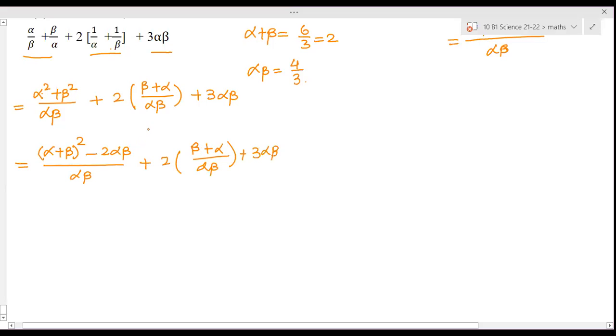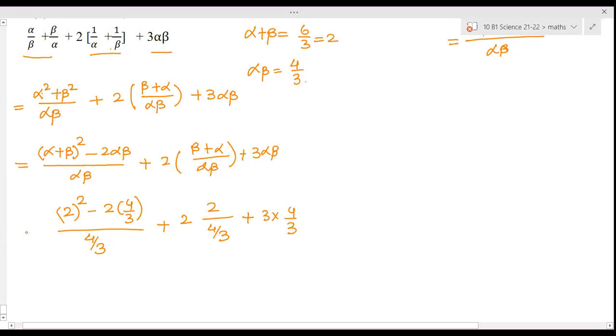Now substitute the values. Alpha plus beta whole square is 2 square minus 2 into 4/3 by 4/3, then plus 2 into 2 by 4/3 plus 3 into 4/3. Till this step, is it clear?